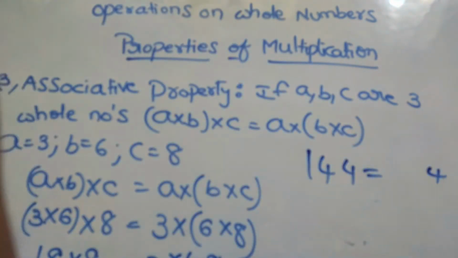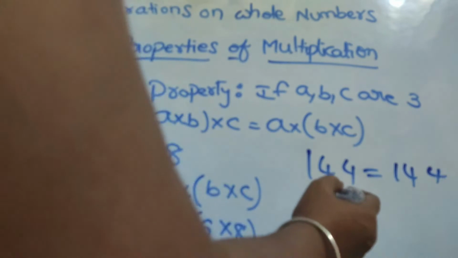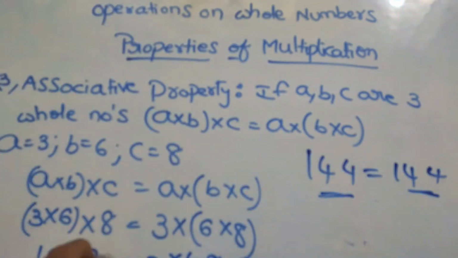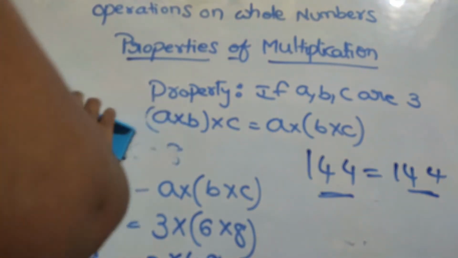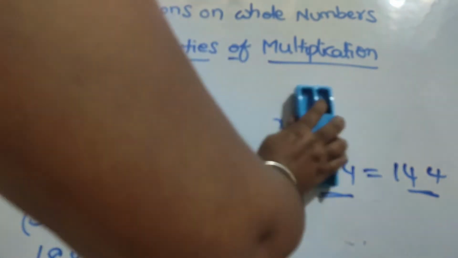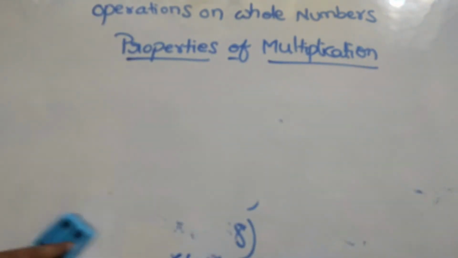And 3 8s are 24, 2 in the hand, 3 4s are 12, 12 plus 2 is 14, so 144. So 144 is equal to 144. So the associative property also holds in multiplication. Till here all the properties are common with addition.